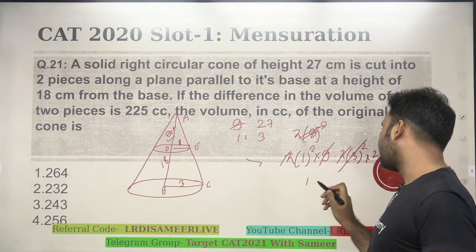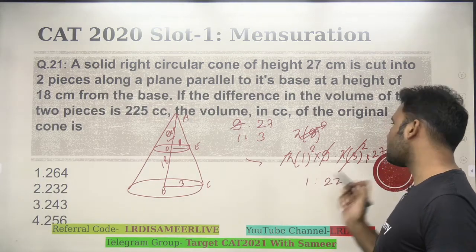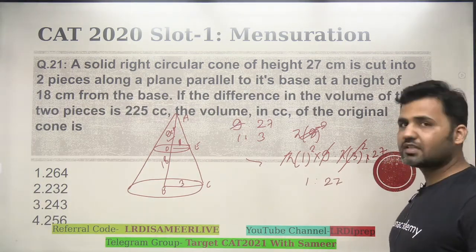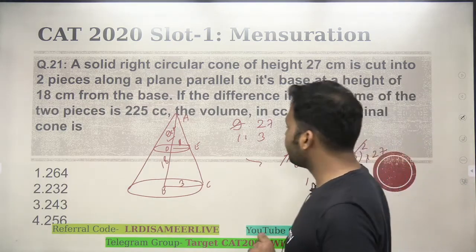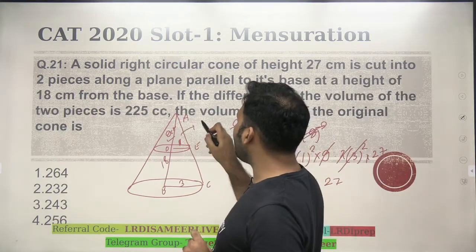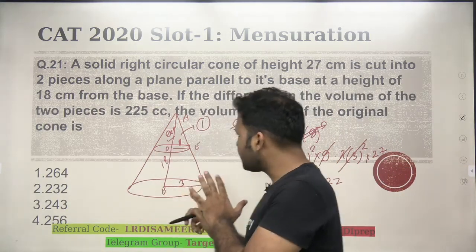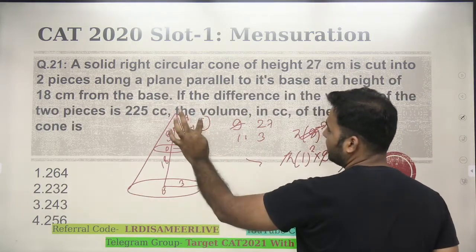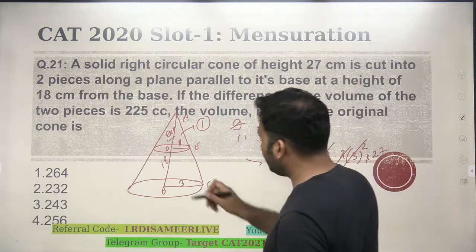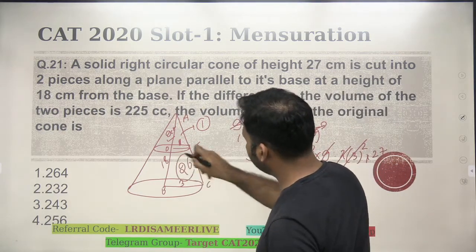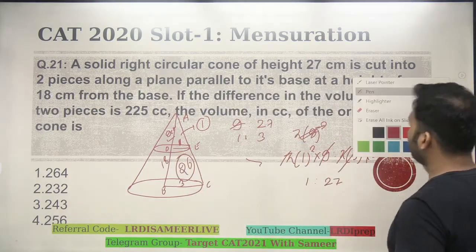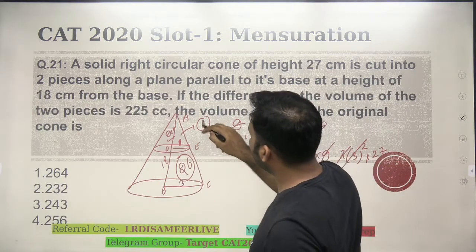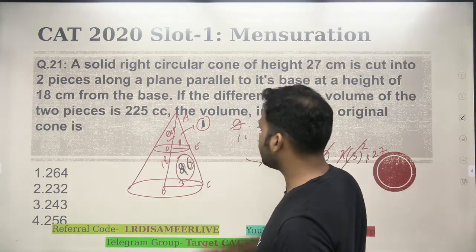You see that volume comes out to be in the ratio 1:27. What does it mean? It means if the volume of this part is 1, the whole volume will be 27. And if the whole volume is 27 and this is 1, the volume of the frustum will be 26, right? Volume of the frustum will be 26. This is volume 1, this frustum volume is 26.